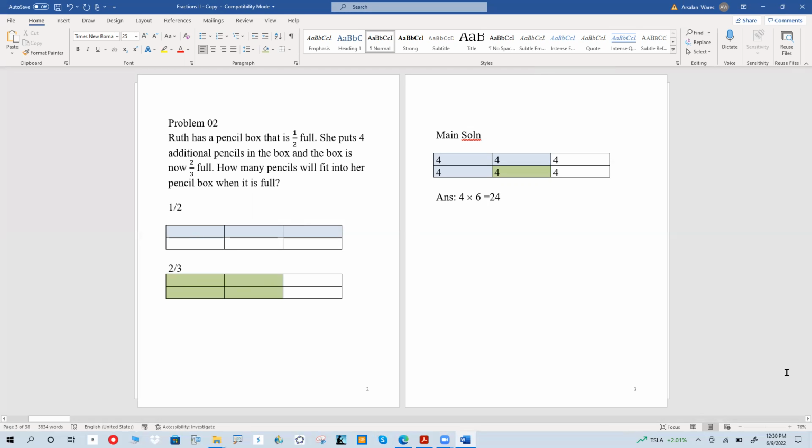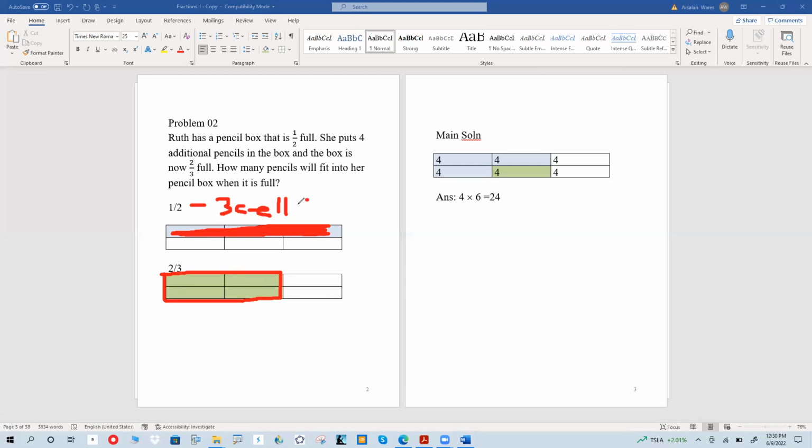Can you explain the main solution part again? Sure. So this is half, right, Mia? Yes. This is half, and this is 2/3. Half is 3 cells, and 2/3 is 4 cells. So if you read the question, she added 4.